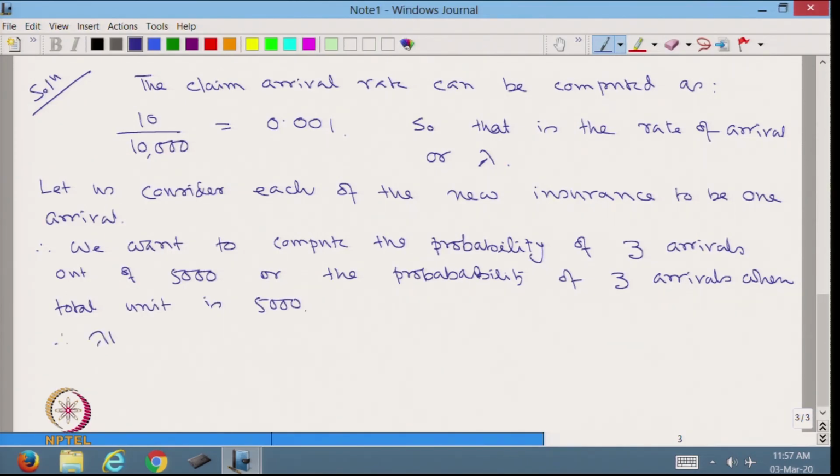Therefore, lambda t is equal to 0.001 multiplied by 5,000, which is equal to 5.